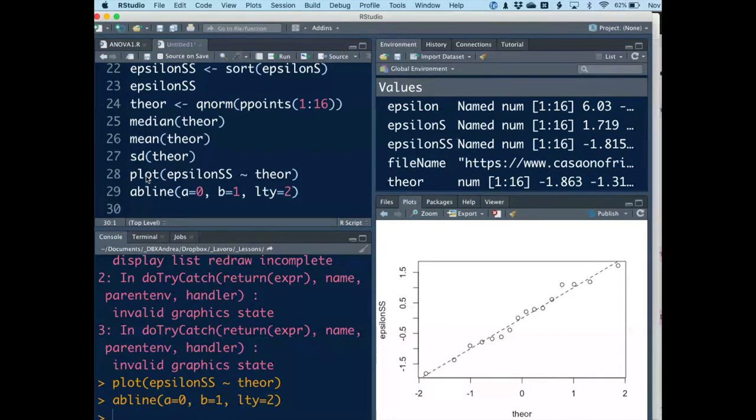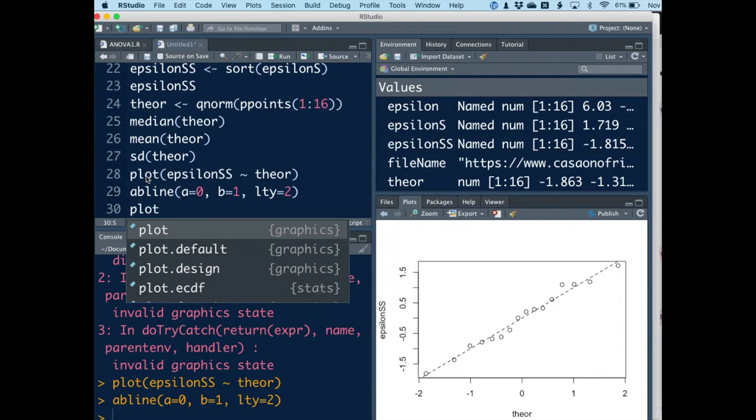Now I have to show you how this is called: QQ plot. QQ plot stands for quantile plot because we are comparing the quantiles from a standardized Gaussian with the quantiles of our residuals. Here we have a shortcut, that is plot.